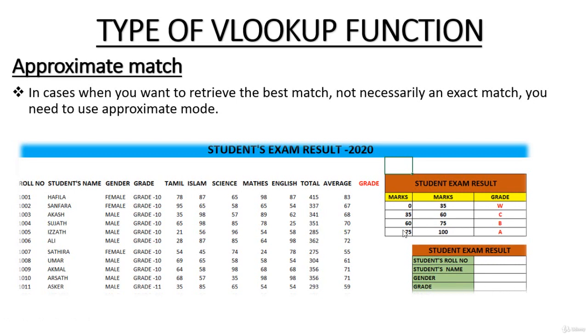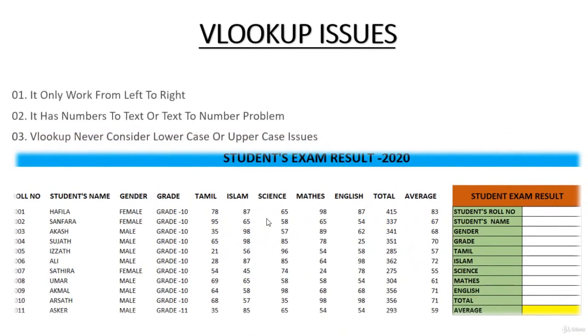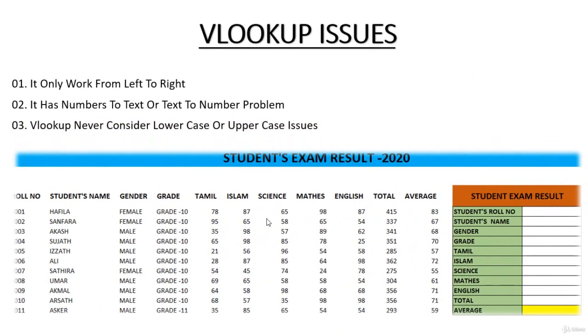Likewise, if you want to retrieve data for the best match, we can use the VLOOKUP function in approximate match. Now we are going to look at the VLOOKUP issues. There are three major issues we will face when we use the VLOOKUP function. The first one is that it only works from left to right.